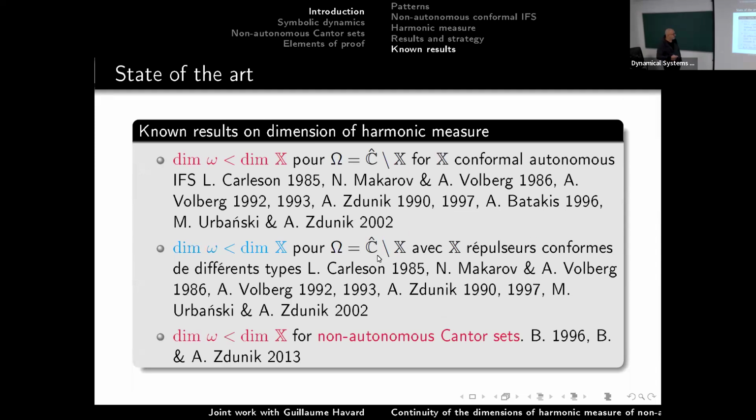And then there are all the works of Carleson, Jones, Makarov, Anna, and Rumanski, who worked on conformal autonomous IFS. And for non-autonomous sets, there is a work of mine with Anna, but this is not for conformal maps, just for similarities. Okay?